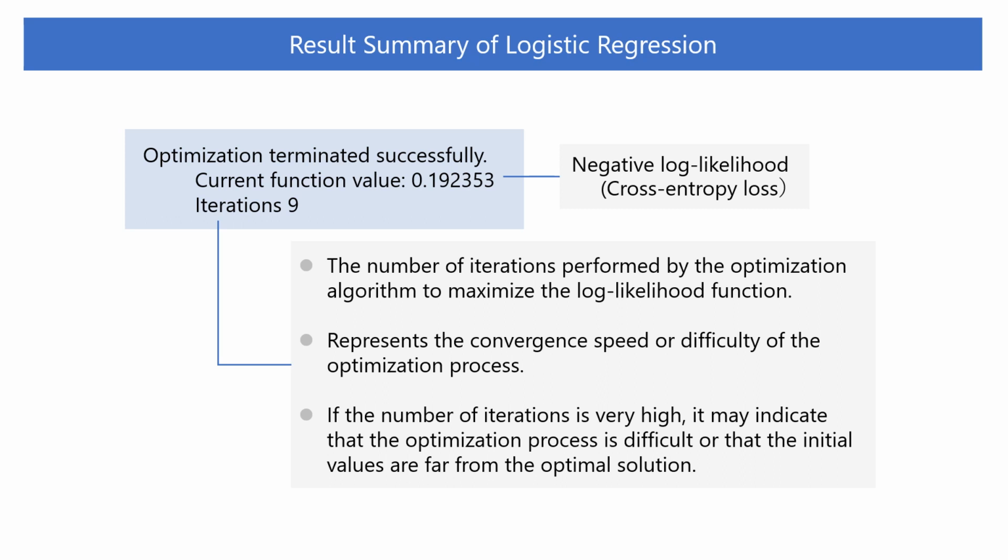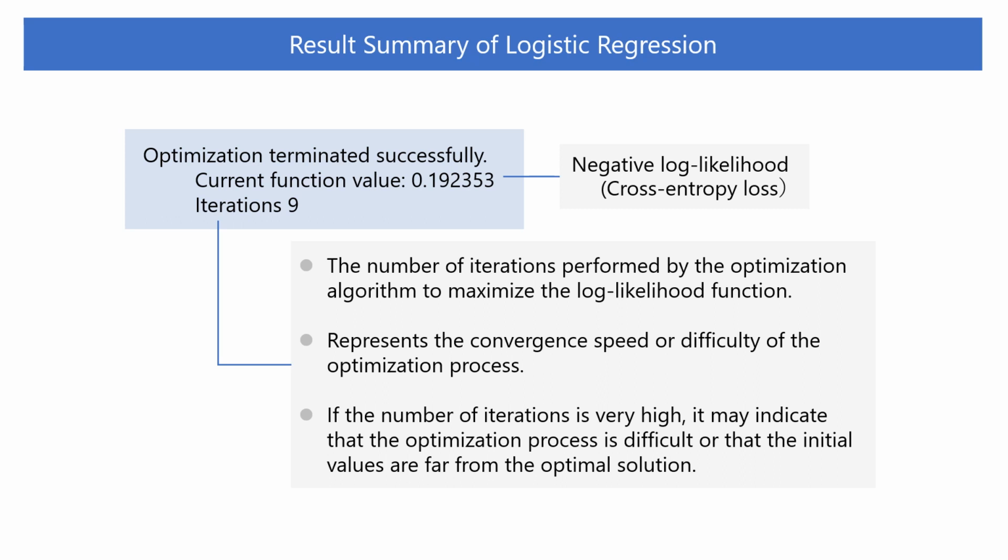This process continues until a predetermined stopping condition is met. This condition is determined in advance by the analyst, such as the change in the value of the objective function falling below a certain threshold value or reaching the maximum number of iterations.